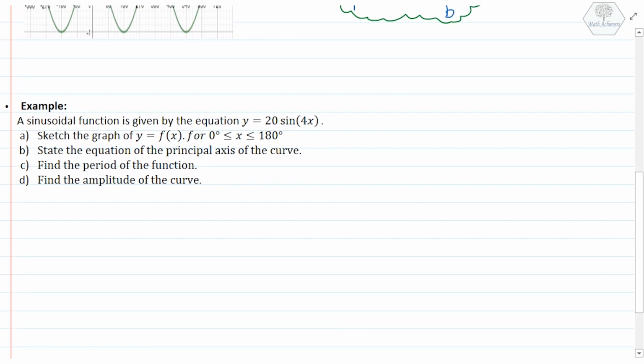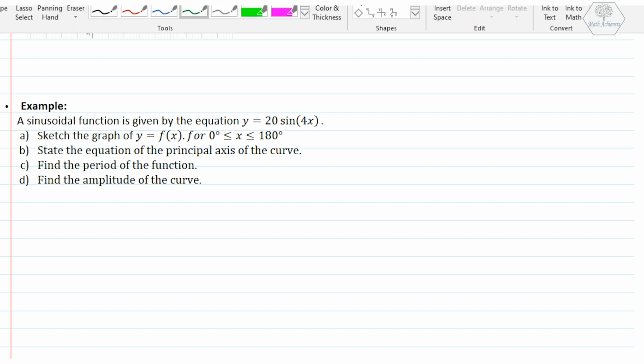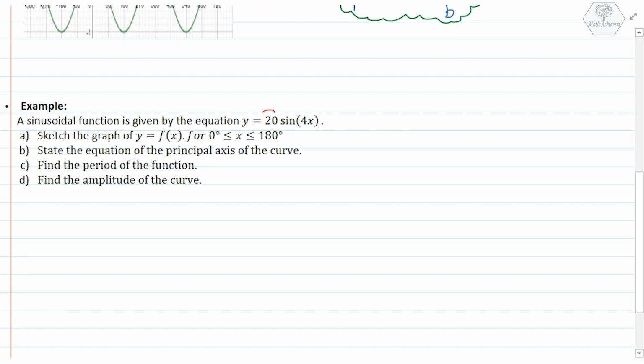A sinusoidal function is given by the equation y equals 20 sine 4x. Before starting to solve, I know that the value of a is equal to 20, and b is equal to 4, and I have plus 0 outside, which is equal to d.